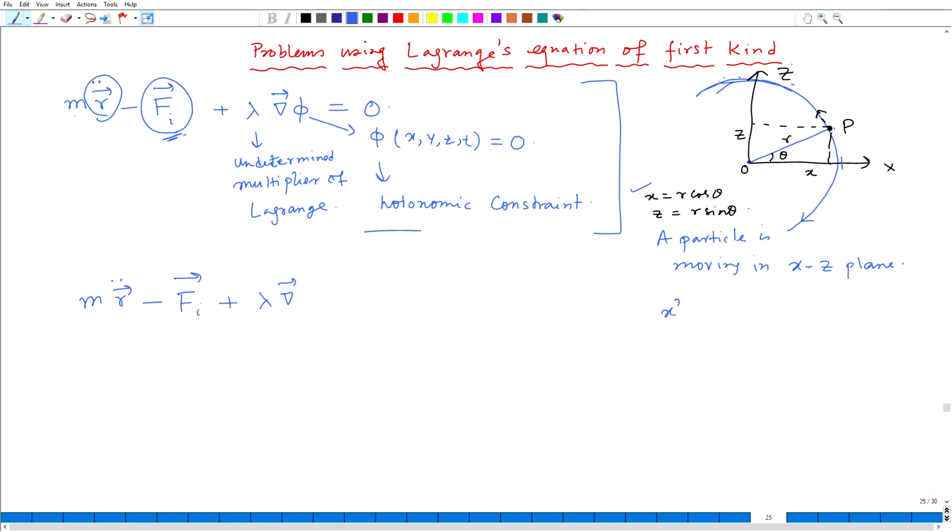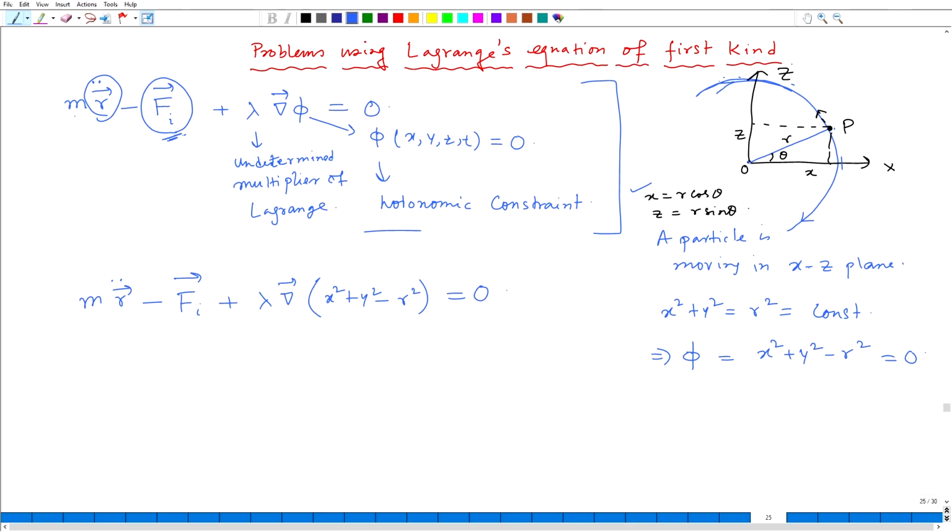The constraint is x square plus y square will be equal to r square, which is constant. So, phi will be equal to x square plus y square minus r square, and that is equal to 0.